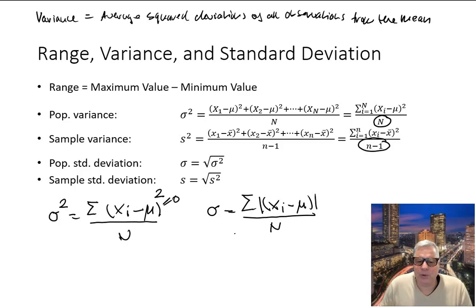But we don't do that, so just forget about it. It would probably give you a good idea of the average deviation from the mean, but it has other characteristics that are not as nice as the formula with n and n minus 1.